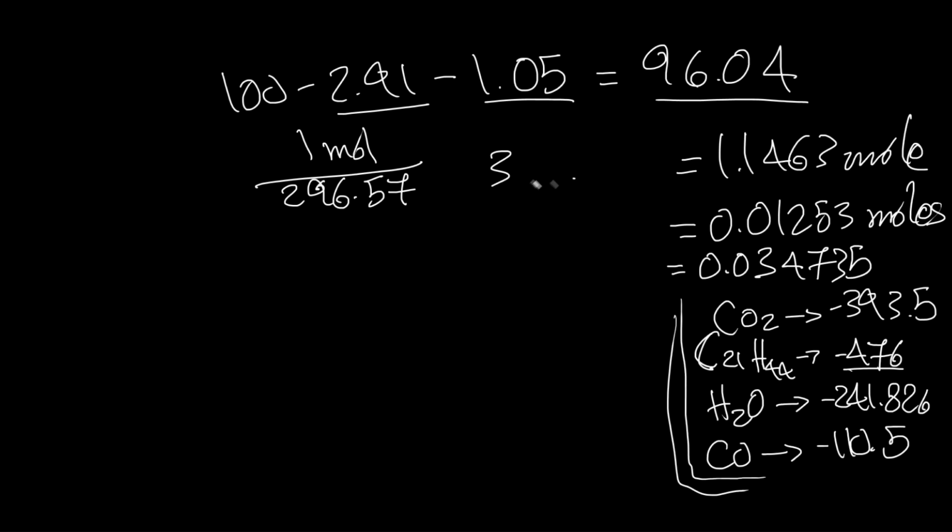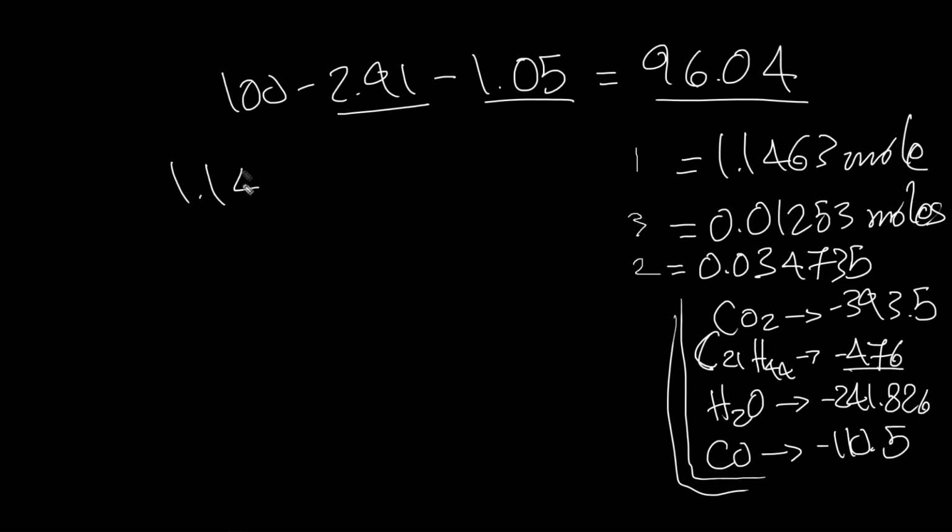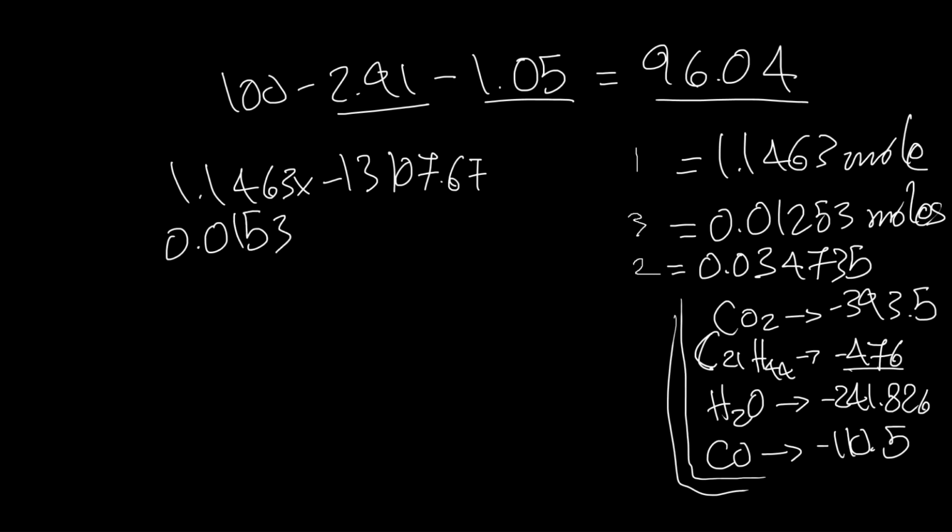And now we can get rid of these numbers since we have the moles. Now these moles are going to serve as conversion factors, as I said earlier. So this is going to be for equation 1, this is going to be for equation 3 for 2. So 1.1463 multiplied by negative 13107.67, and then 0.01253 multiplied by, that one was the one that goes under soot formation, so a third one, so negative 4844.26.